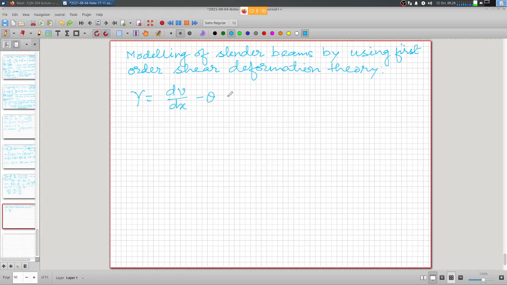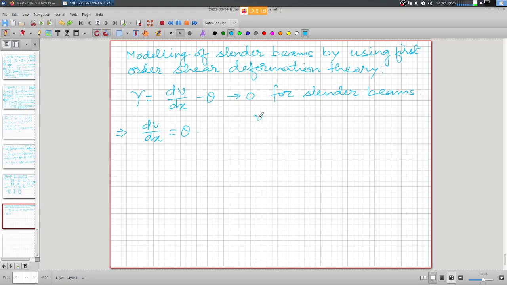So this should approach 0 for slender beams. So that means dV by dx is equal to theta, right? And what is this?